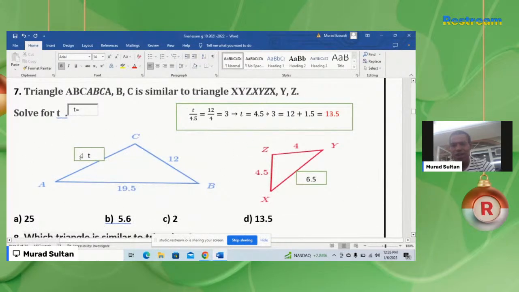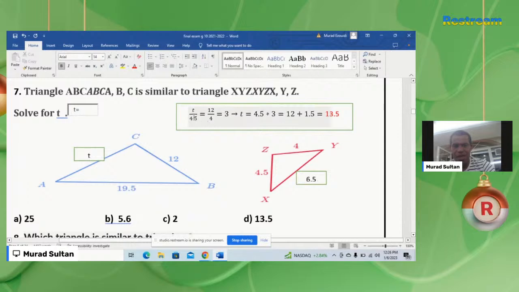You see, these two triangles are similar. Means BC divided by YZ equals AC divided by XZ equals AB divided by XY. 12 divided by 4 is 3. And 19.5 divided by 6.5 is 3.